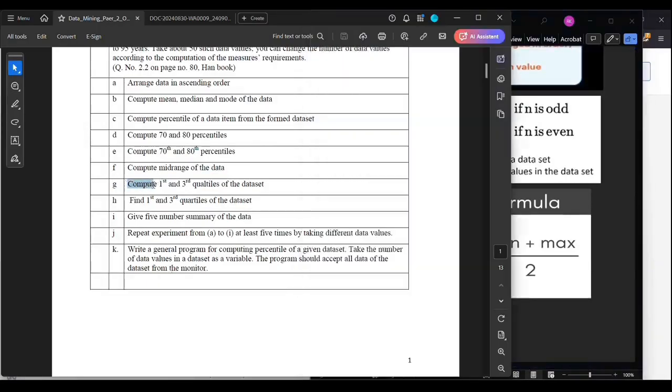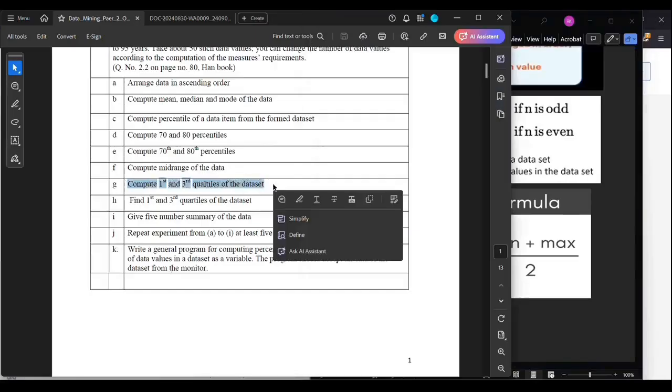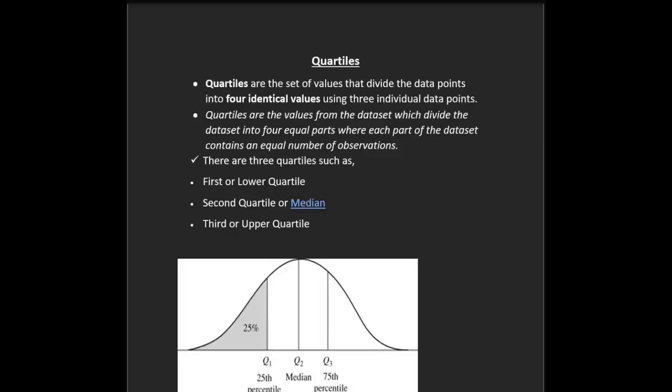Now, what is the next question? The next question is to compute the first and third quartiles of the dataset. So, what are quartiles? Quartiles are the set of values that divide the data points into four equal parts using three individual data points.